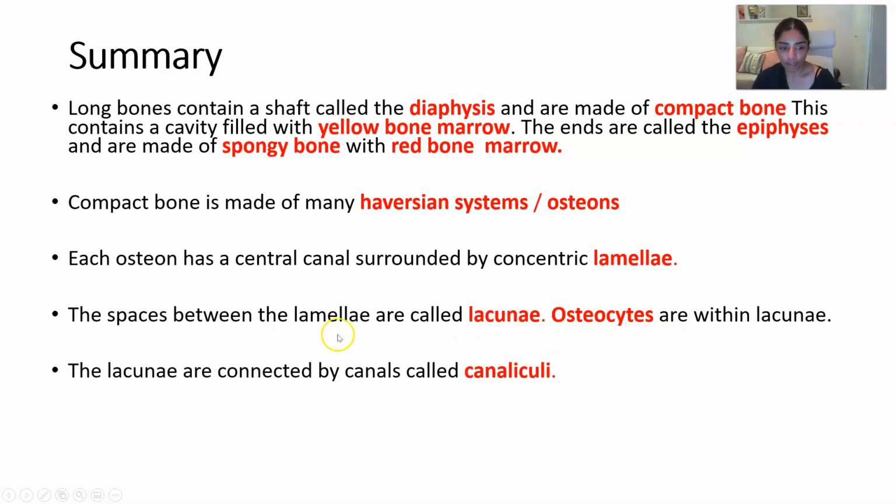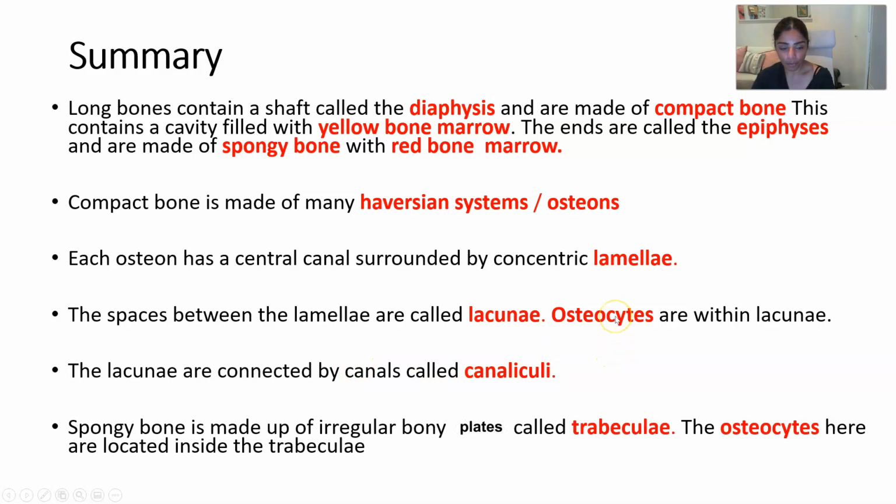The lacunae are connected by canals called canaliculi in these osteons. Now, looking at spongy bone, we know that this is made up of irregular bony plates called trabeculae, and the osteocytes or bone cells are found within the trabeculae.